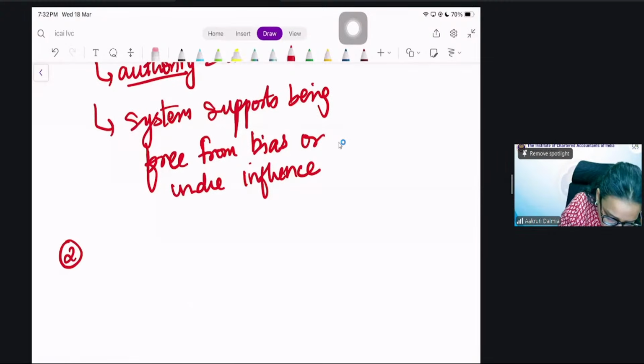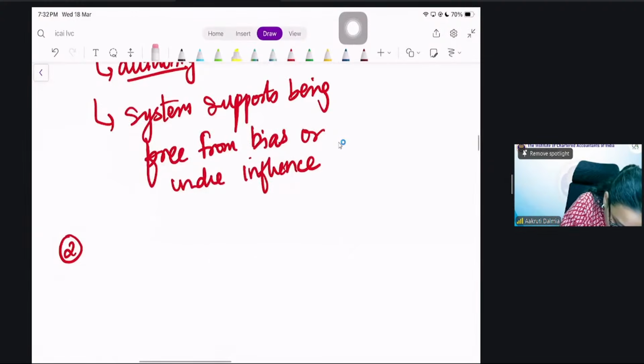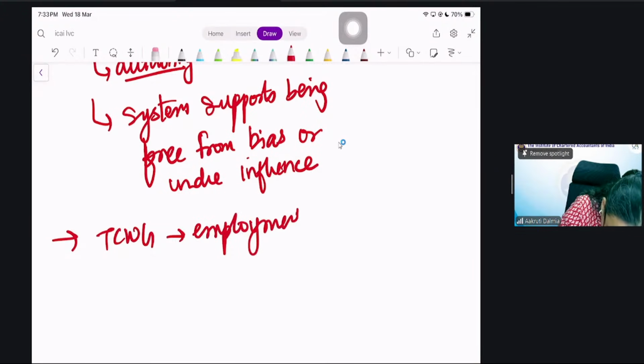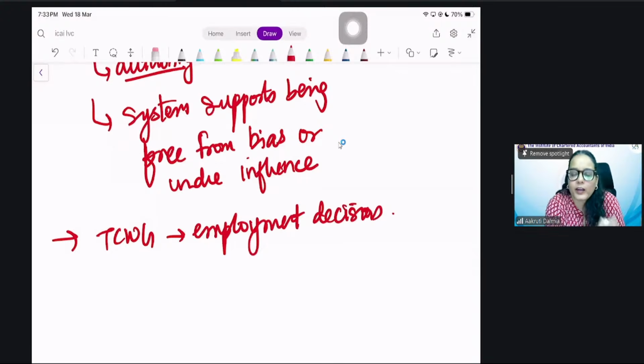Second point you need to check is whether TCWG was involved in employment decisions. So who does the day-to-day work? Who is day-to-day responsible for operations?